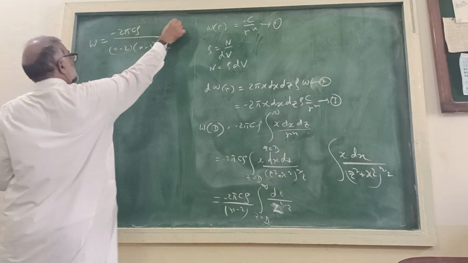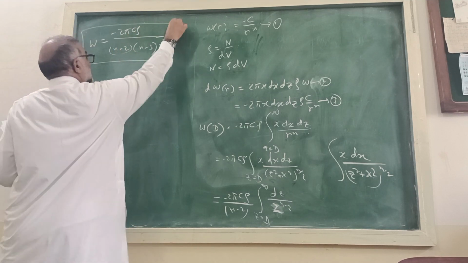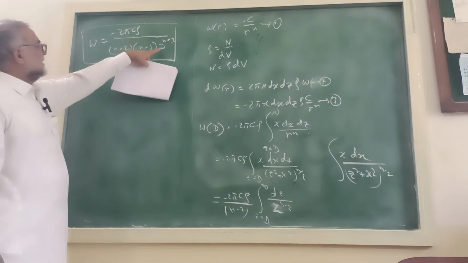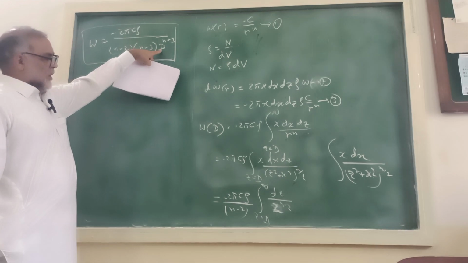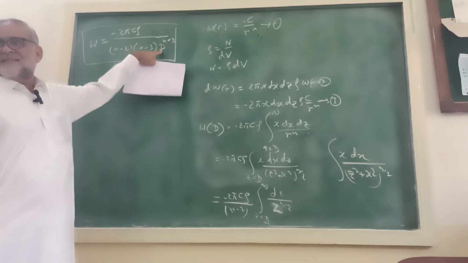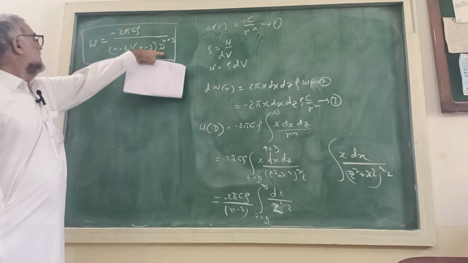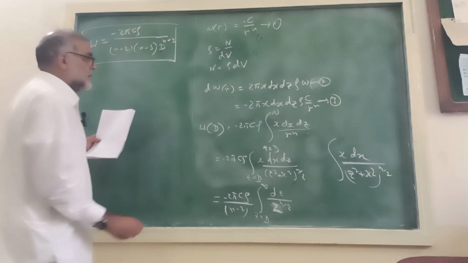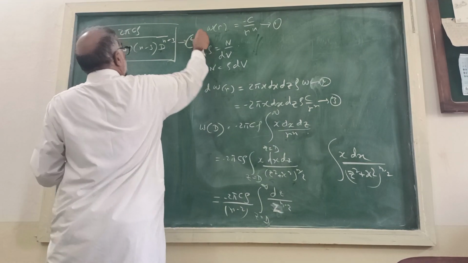That is the interaction between a molecule and a surface, where the surface is at a distance of d from the molecule. This is equation number 4, right?